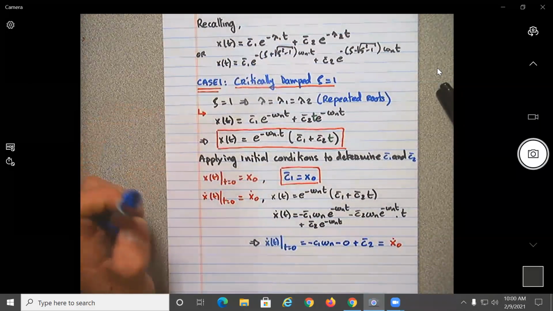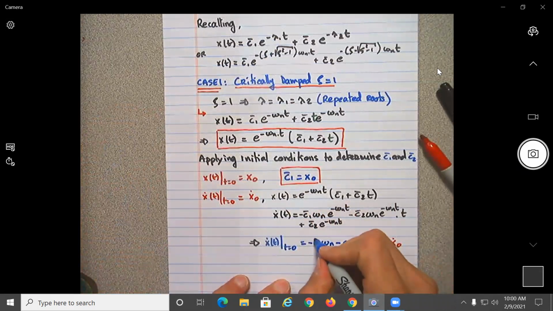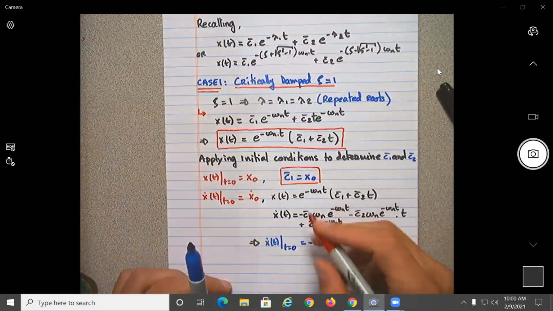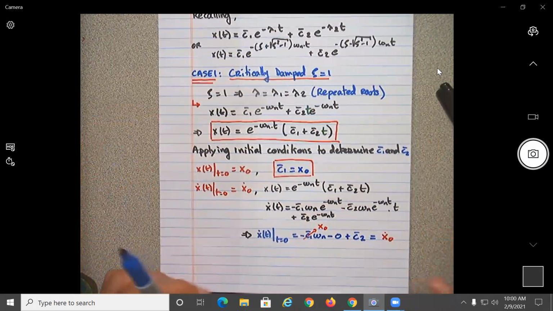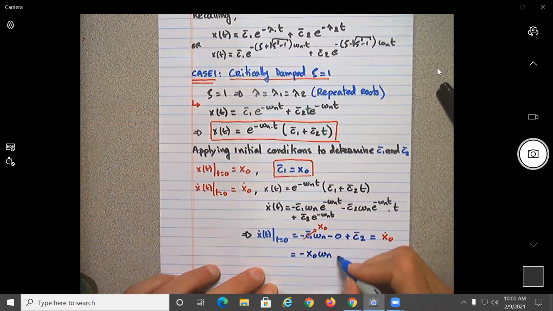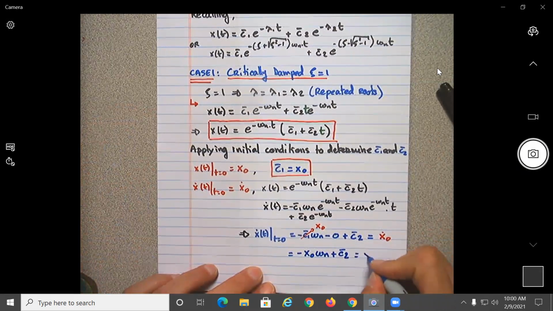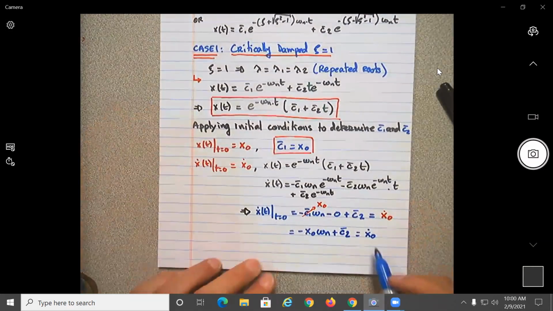But at the same time, we already solved for c bar 1. Oops, forgot to put the bar here. C bar 1 is actually equal to what? To x naught. So from here, we can get that minus x naught omega sub n plus c bar 2 equal to x dot sub naught.